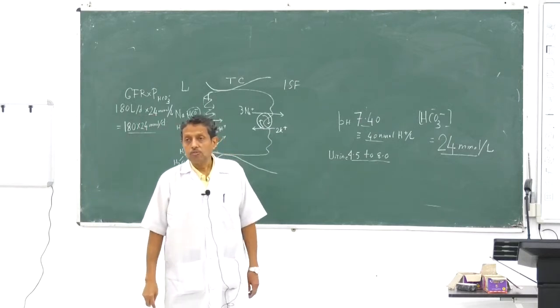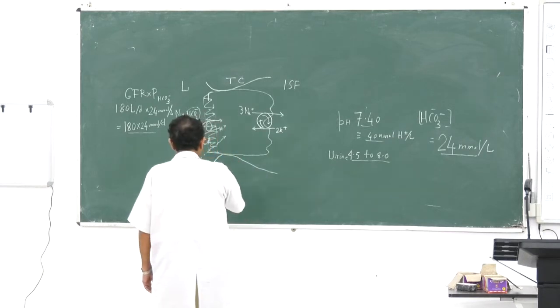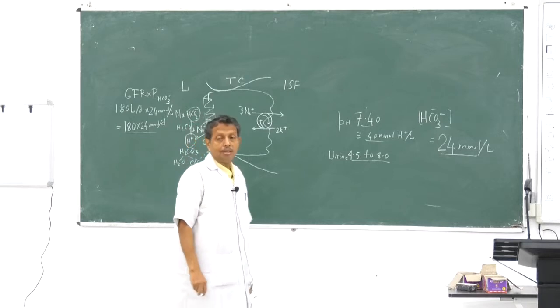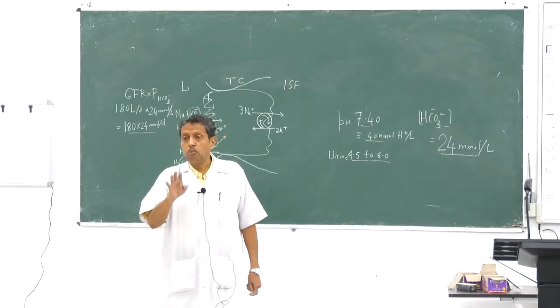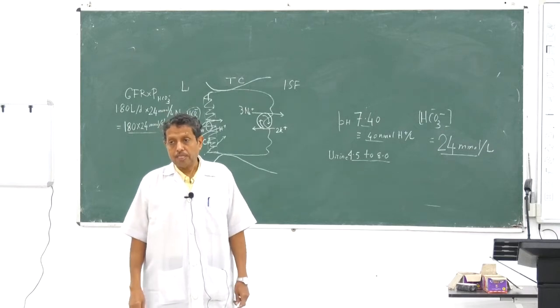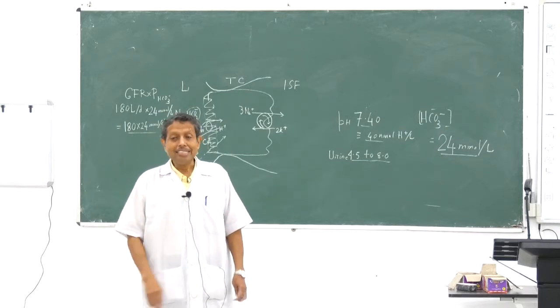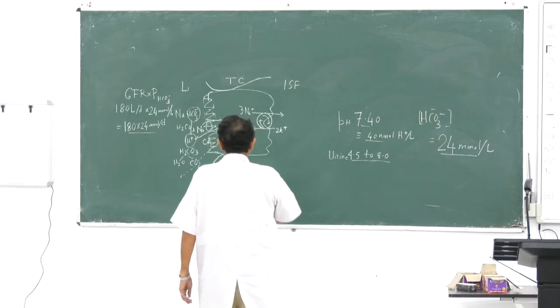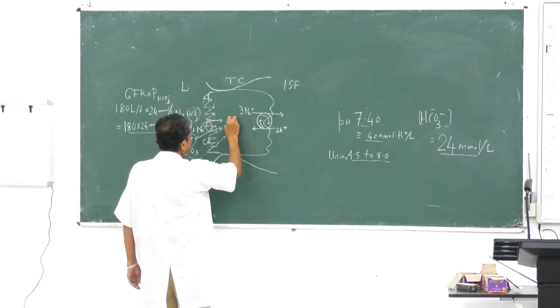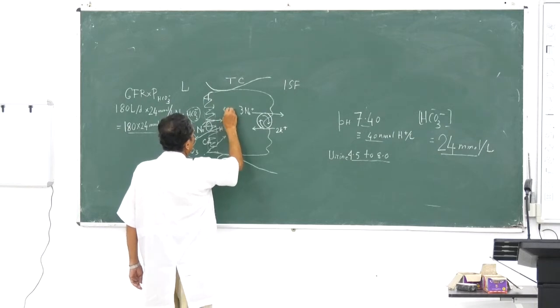CO2 can diffuse in every direction. It will also enter into the cell, adding to the pool of carbon dioxide that is already present. And this hydrogen ion is coming from H2CO3, from CO2 plus H2O.